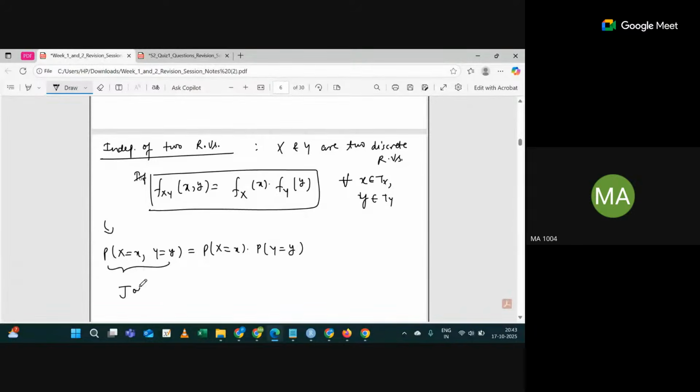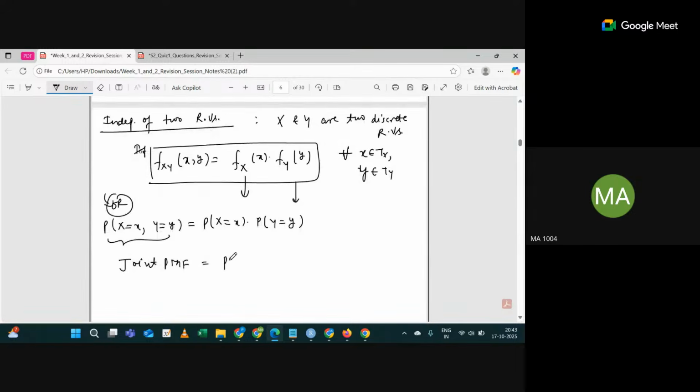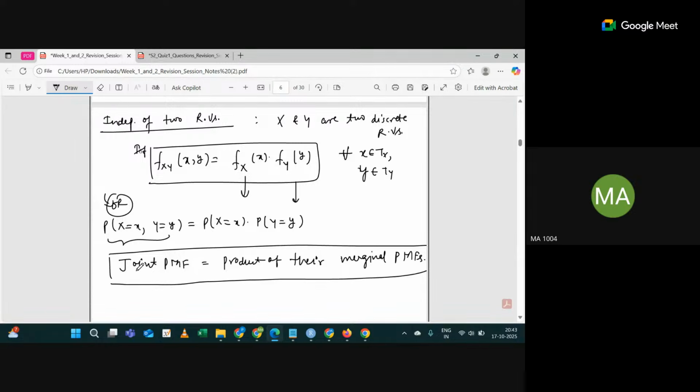This is joint probability, the joint PMF, and this is the marginal PMF of random variable X, and this is the marginal PMF of random variable Y. So if the joint PMF is equal to the product of their marginal PMFs, I will say two random variables are independent. Yes or no? Yes, sir.